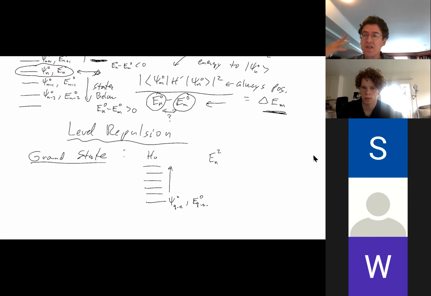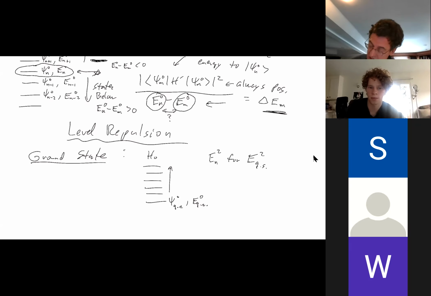And so what that tells us is that the second order correction to the energy for the ground state, the second order correction to the ground state energy via perturbation theory always has what sign, positive or negative? Negative.